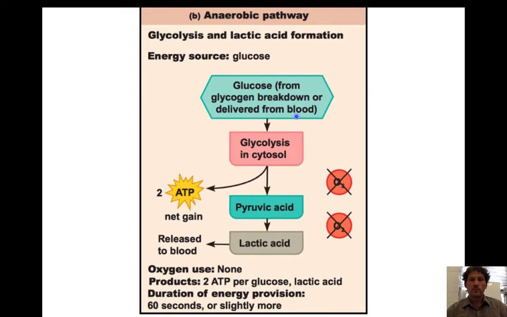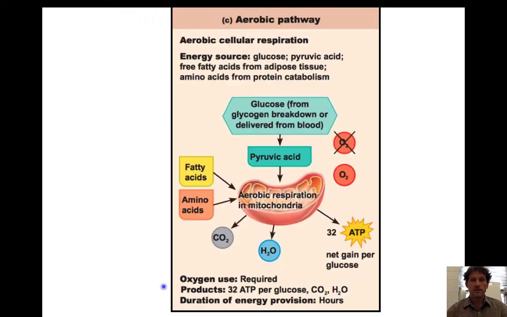As we break down that glucose, we get 2 ATP per glucose, but we also get lactic acid, which is going to be released into the blood. But again, it doesn't require oxygen, and so it gives us a little bit more energy than our previous pathway, about 60 seconds or a little bit more of really good energy.